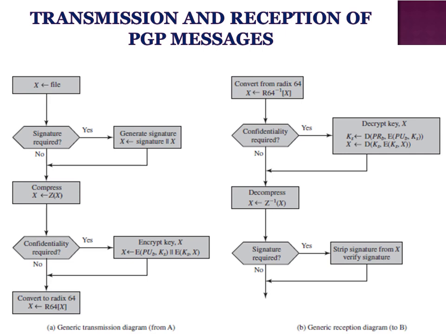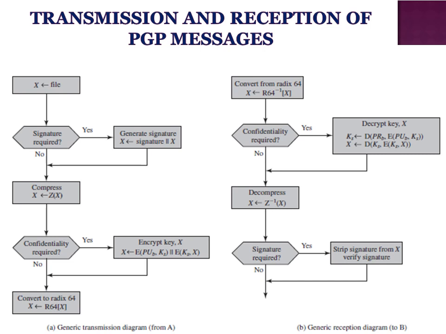Moving on to the receiver's side, here the incoming block is first converted back from Radix 64 format to binary. Then if the message is encrypted, the recipient recovers the session key and decrypts the message. Then the final resulting block is decompressed if compression is applied at the sender's side.